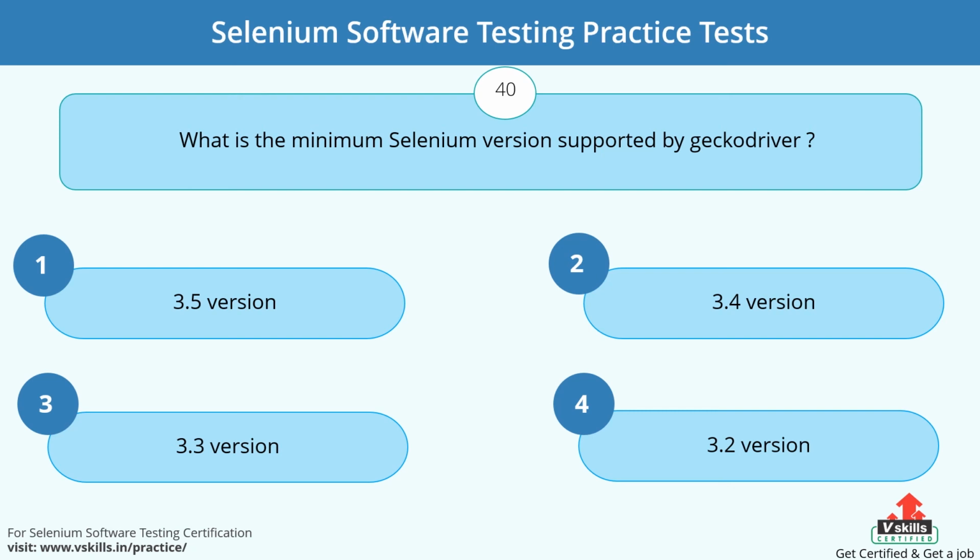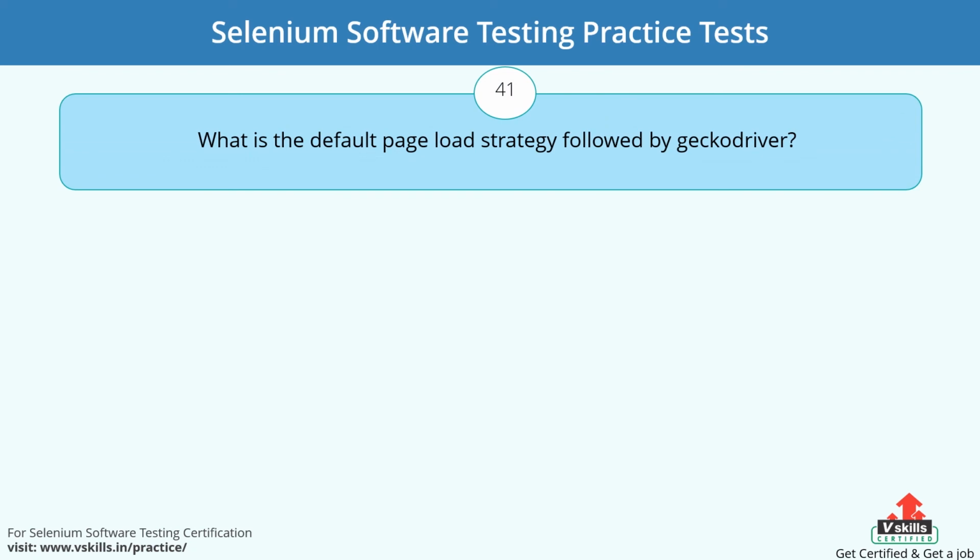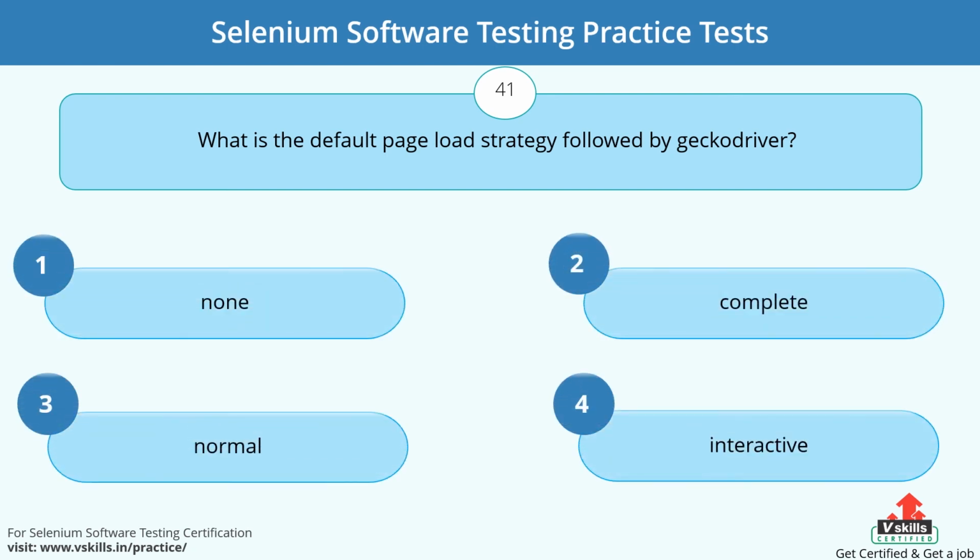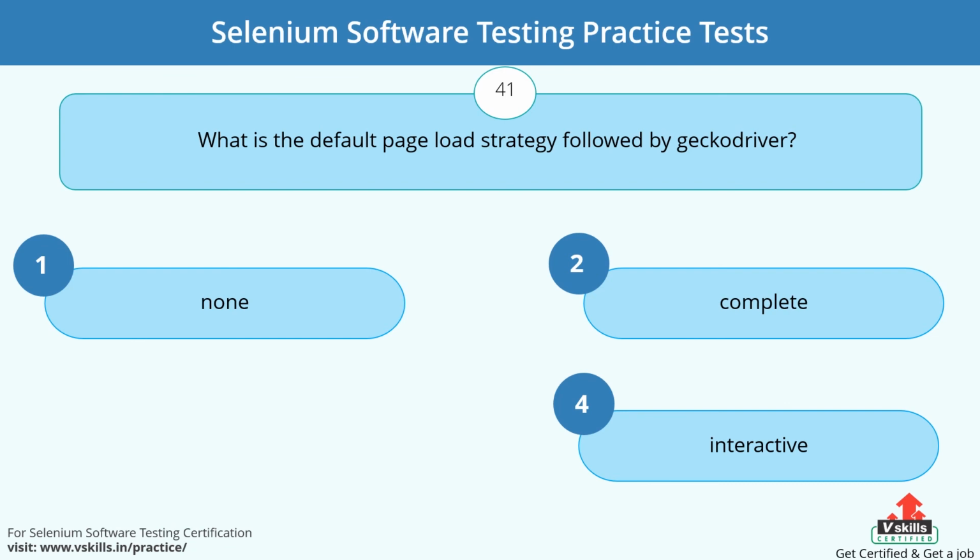The correct answer is option A. Question number 41, what is the default page load strategy followed by Gecko driver? The options are A. None, B. Complete, C. Normal, D. Interactive. The correct answer is option C.